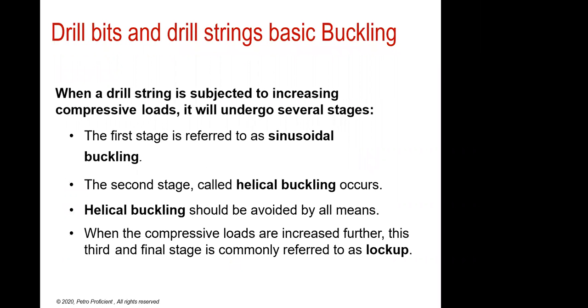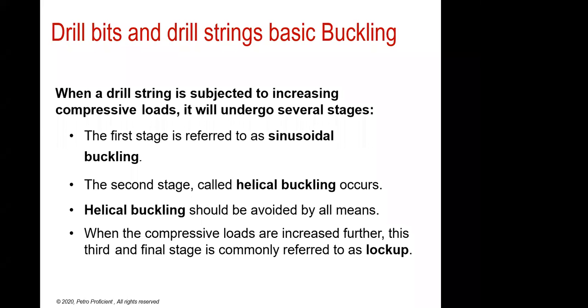There are other types of loads that a drill pipe carries, and that is called sinusoidal buckling. So when a drill string is subjected to increased compressive loads, then it undergoes several changes. The first stage of buckling in this case is sinusoidal buckling.